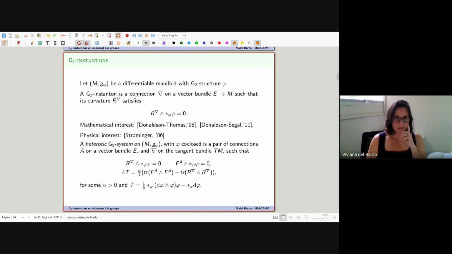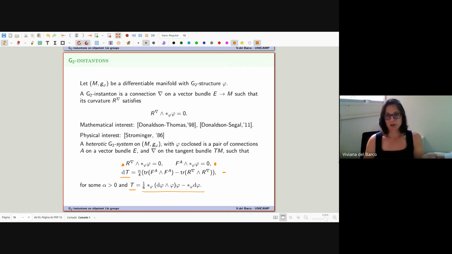You can see here we have the instanton equation for nabla, the instanton equation for A, and you have what is called the Bianchi identity, which requires a difference of traces to be equal to the differential of T, where T is a three form defined via the G2 structure. T actually comes from the torsion of the G2 structure. So this is what is called a heterotic G2 system.